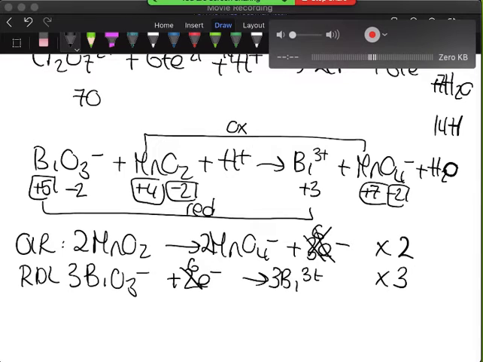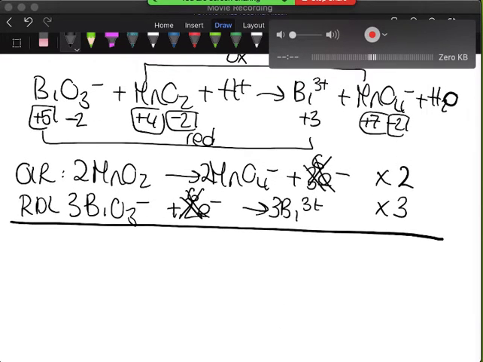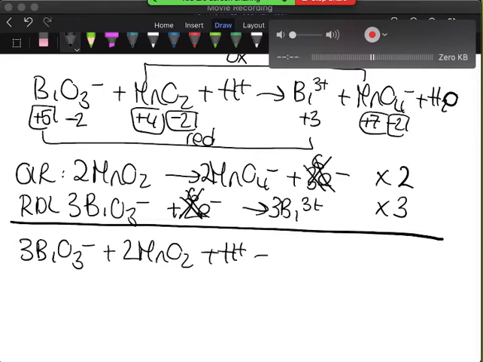My electrons now match. I rewrite everything. Did you get that far, Eva? Yeah. Okay, so we're rewriting 2BiO3 minus plus 3MnO2 plus H plus goes to 2Bi3 plus 3MnO4 minus plus H2O.